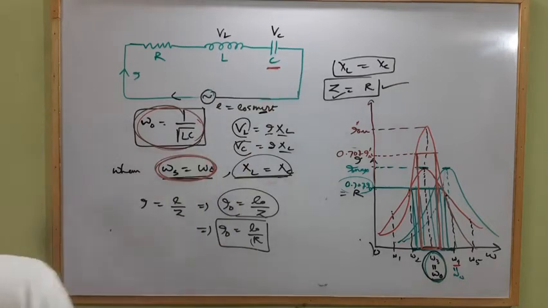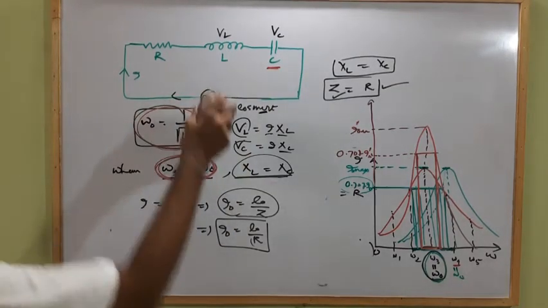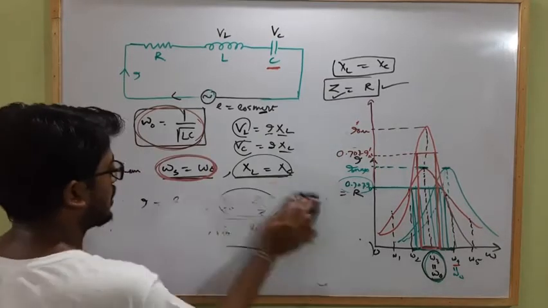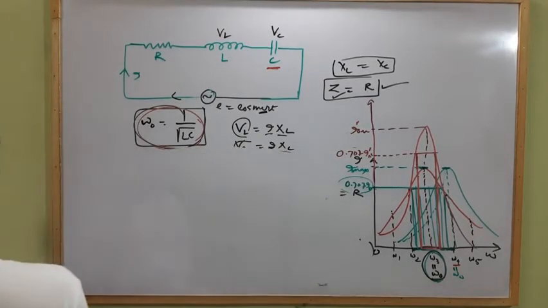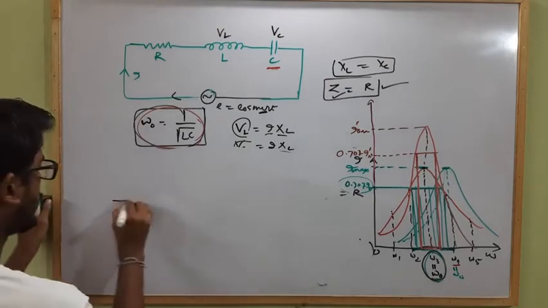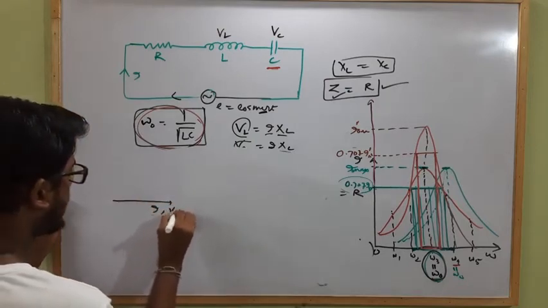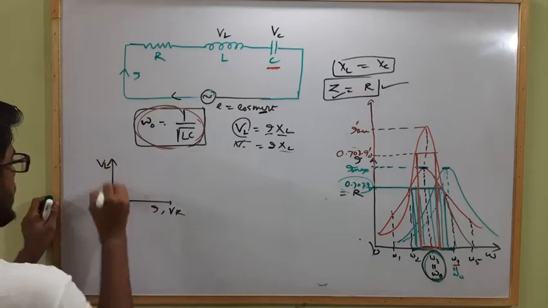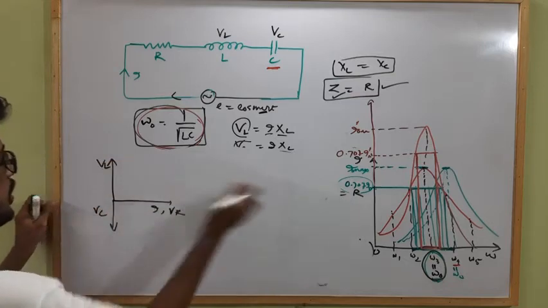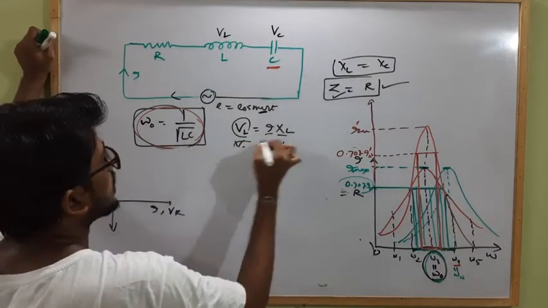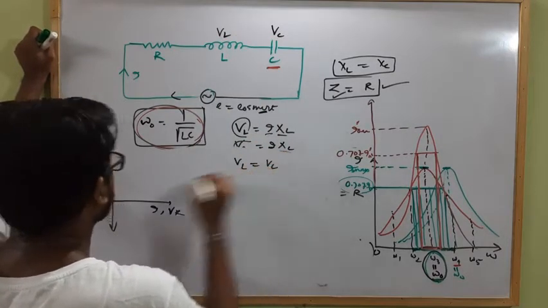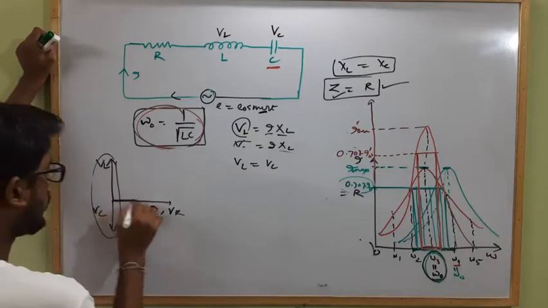So from the impedance triangle we will get what? They will cancel each other, because we already know this is the phase diagram. Here is the current I and VR, here is VL, and here is VC. So for a resonating circuit, VL equals VC, so these two will get cancelled, and we will get only VR.